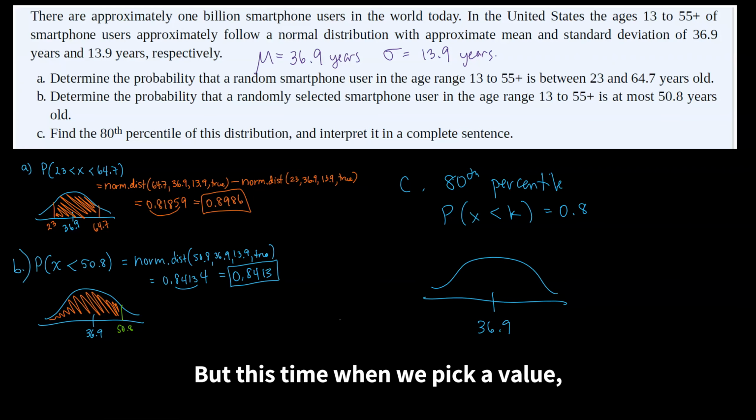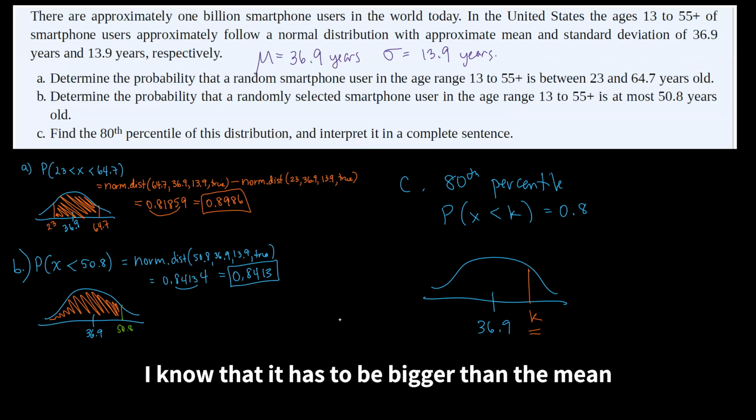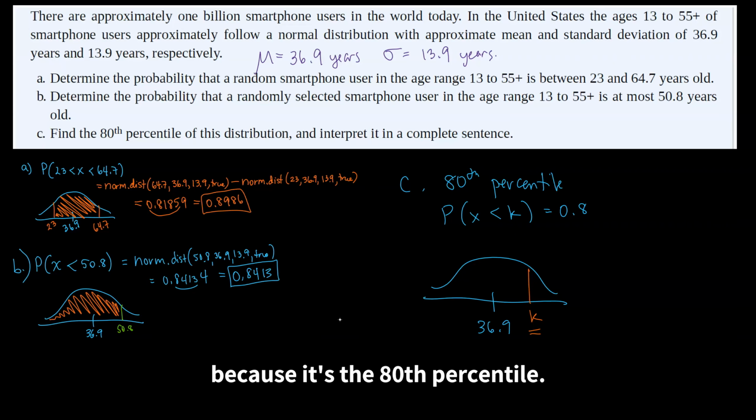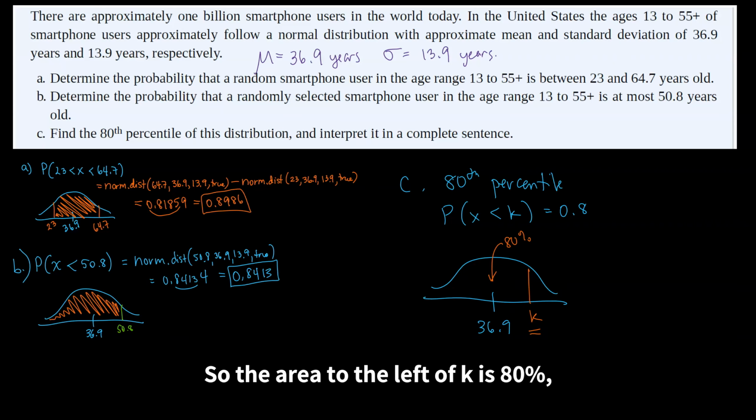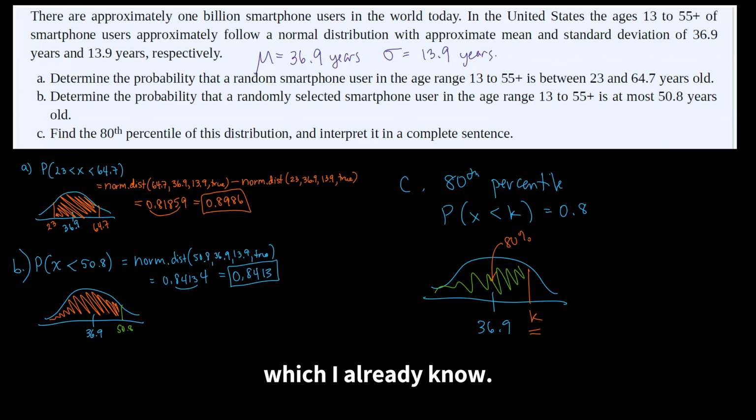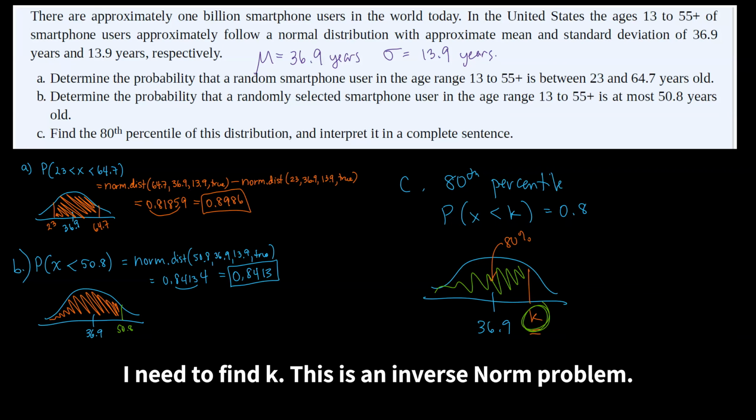But this time when we pick a value, we don't know what k is. I know that it has to be bigger than the mean because it's the 80th percentile. I have 80% or 0.8 probability to the left of this k value. So the area to the left of k is 80%, which I already know. I need to find k.